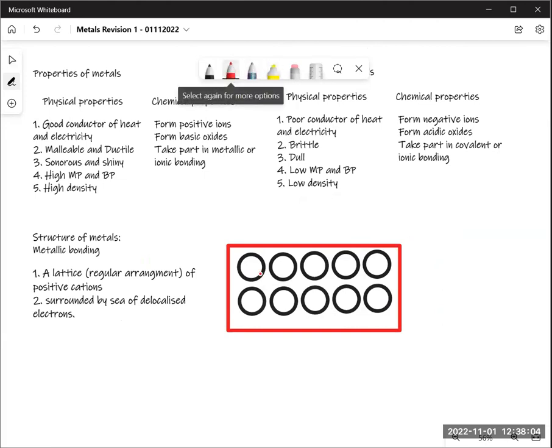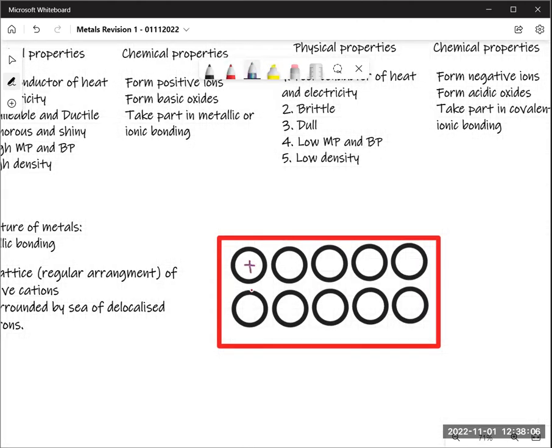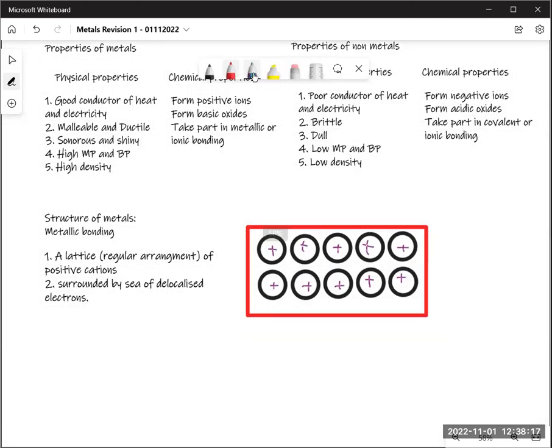Now, all of these are positive ions. And what we realize is there are electrons.